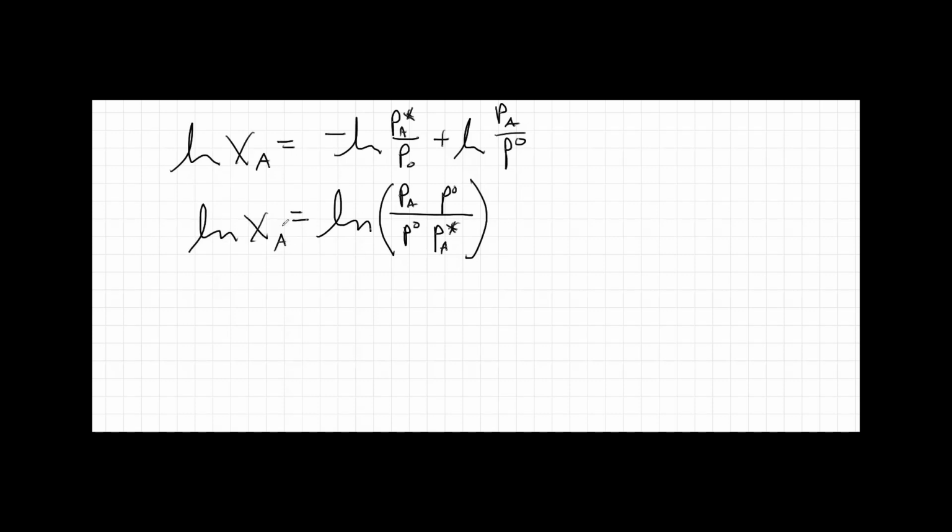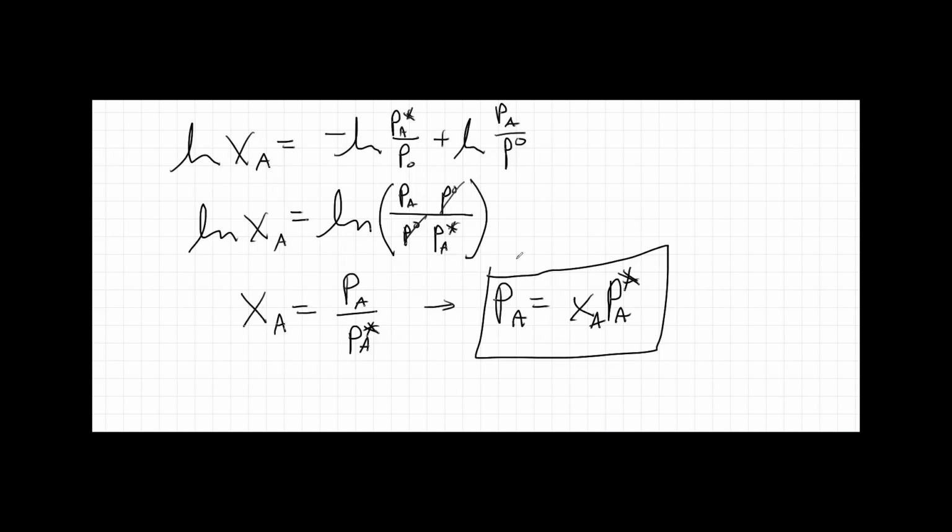And now since we have logs on both sides, we could take the inverse logarithm and just get XA is equal to PA over PA star, where we can cancel these standard state pressures. Or we can just rewrite that as the vapor pressure has to be equal to the pure vapor pressure times the mole fraction. And that's Raoult's law.